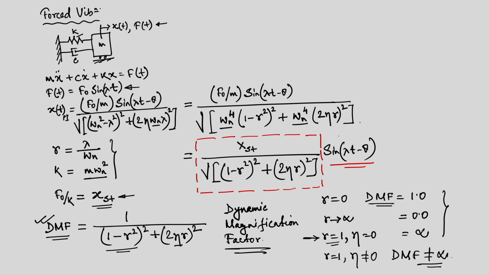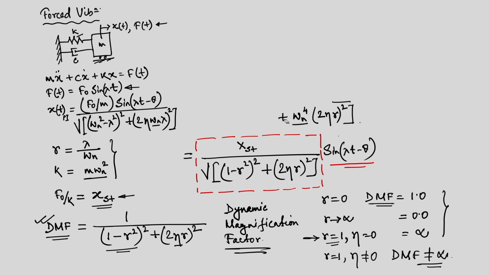So, now let us plot this expression. For that, let me just create some space here. Then we will plot this expression and we will see how this dynamic amplification or dynamic magnification factor looks like. So, on the x axis we have R, that is the ratio of lambda and omega n.